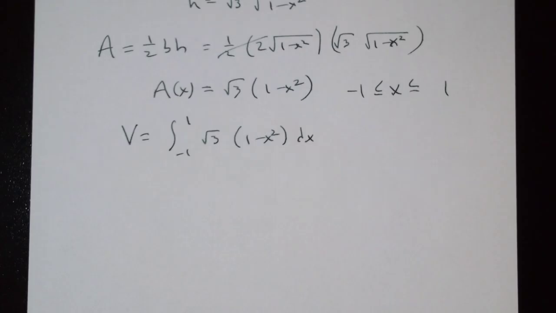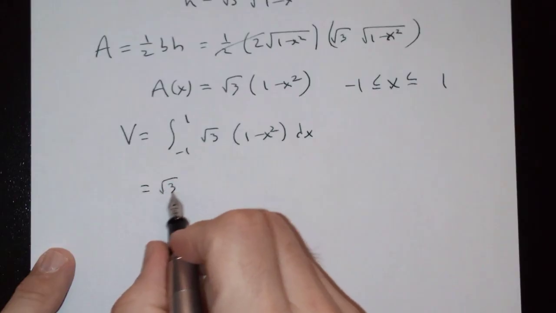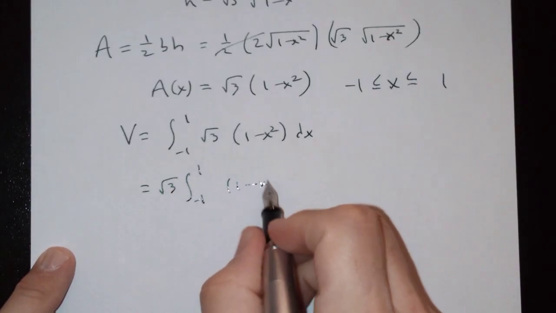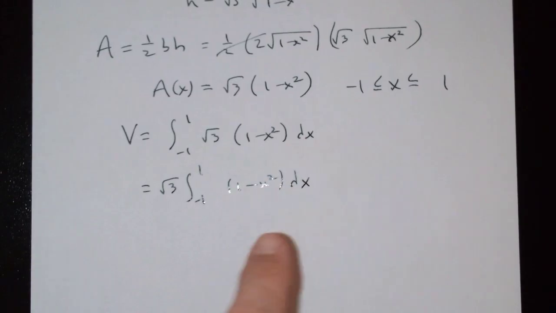It's a constant, but it's being multiplied by all of this stuff, right? So I take that constant and move it out front. And that is a much easier integral for me to do.